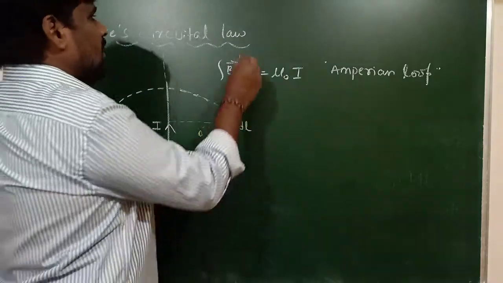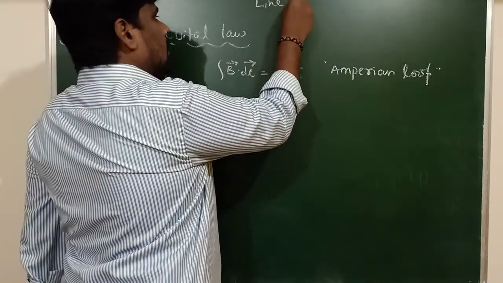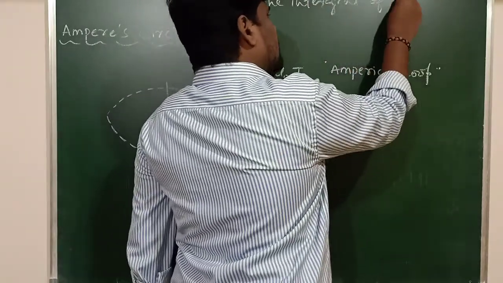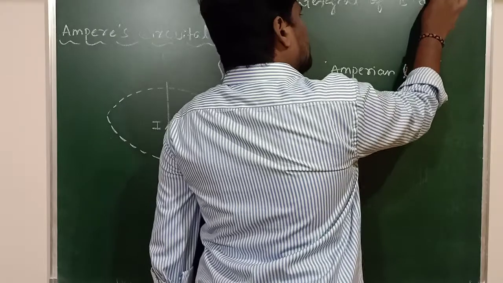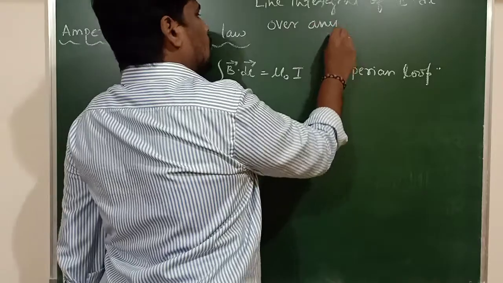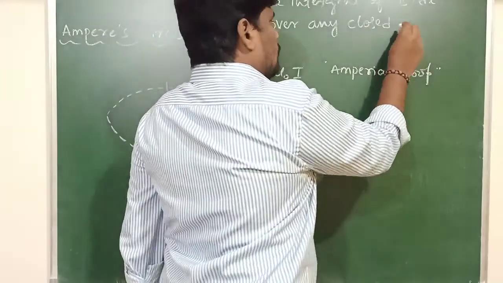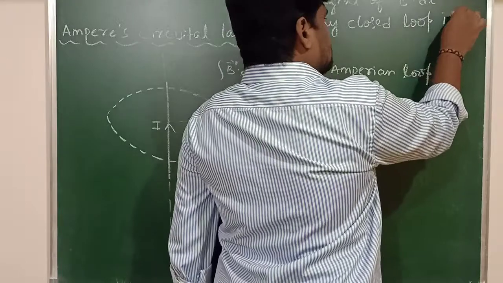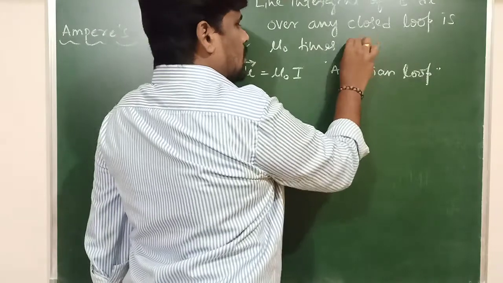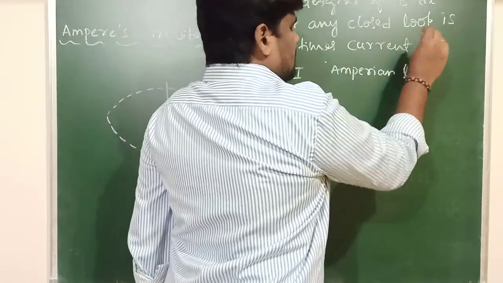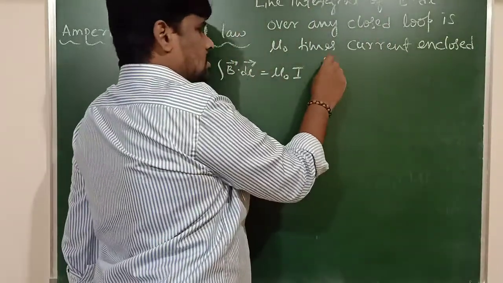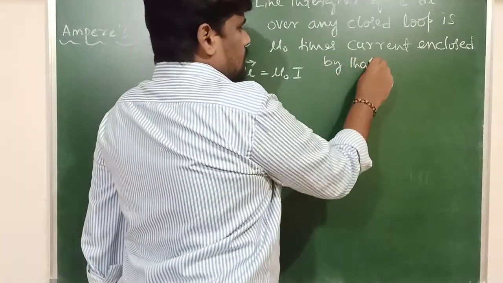What is the statement? Line integral of B dot dl over any closed loop is mu naught times the current enclosed by that loop.